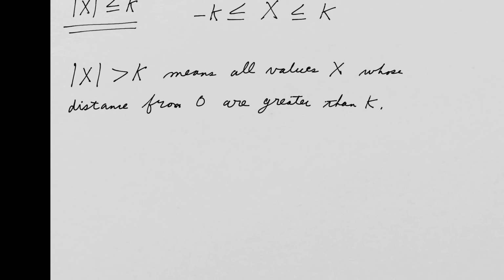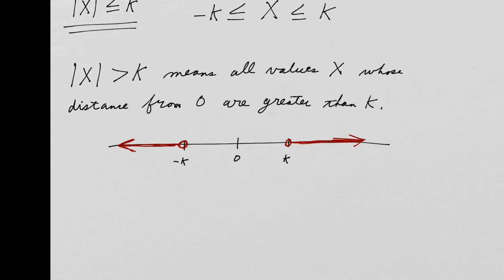In terms of a picture or a graph, if this is k and this is negative k, all the distances greater than k are going to be anything over here, all the way to positive infinity, but remember, we're not including k, so that's an open circle. Or anything less than negative k, again not including it, all the way to negative infinity, would also have a distance greater than k.